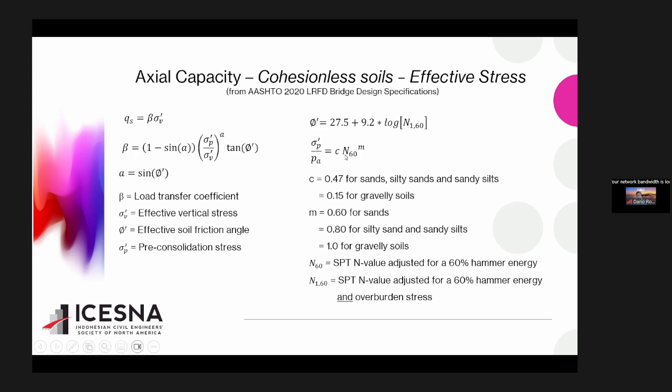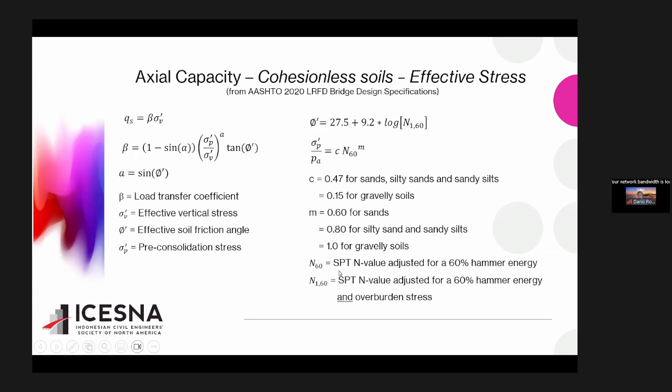And the values of C and m are listed here, depending on whether you have sand or clay or gravel, different types. And one thing I want to point out is that N60, as I told you before, is the SPT value adjusted for 60% energy. Again, you cannot use the N value that you measure directly from the field for this equation.